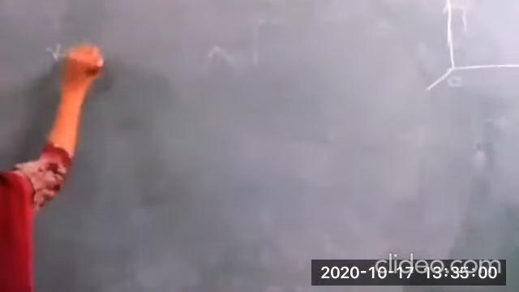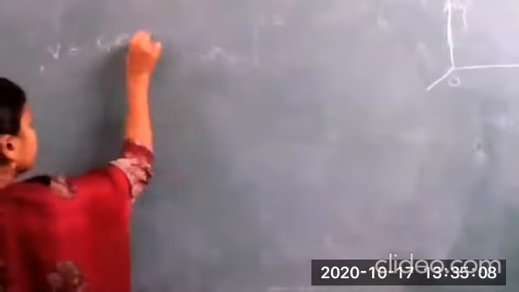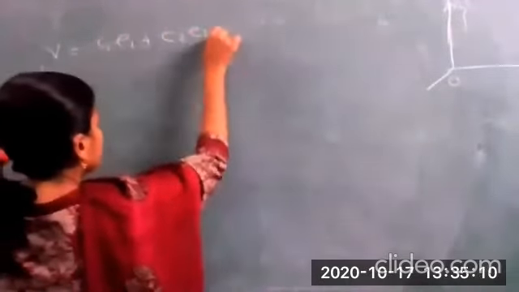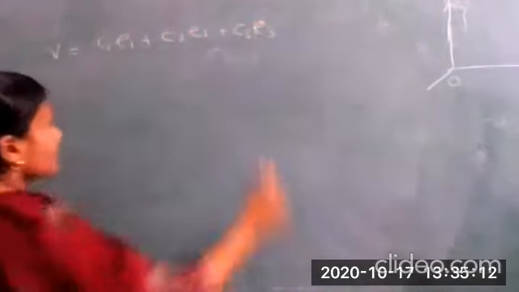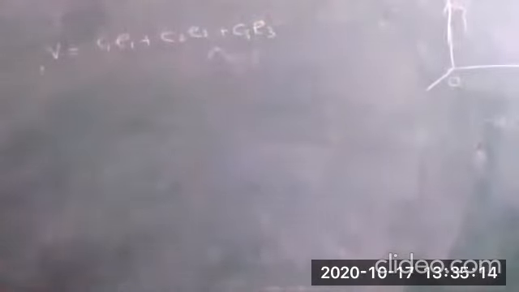Now let me have V. I can write any tangent vector V as C1 E1 plus C2 E2 plus C3 E3. Why? Because we have proved that E1, E2, E3 are a basis.